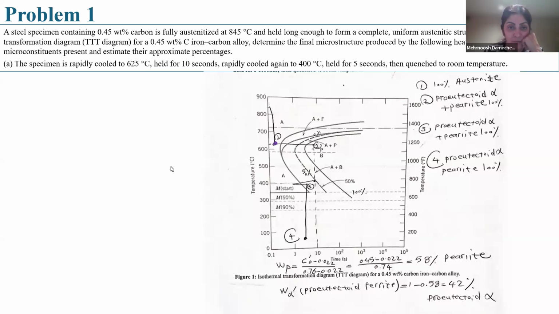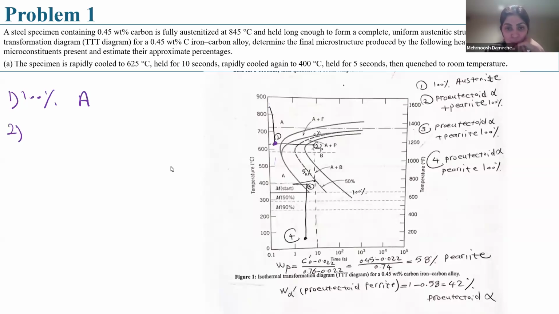From here, we reach this temperature. So at 1, we are 100% austenite. At 2, we keep that for 10 seconds. Look at here. The time here is approximately 0.2, so plus 10 should be a little more than 10. I show 10, and you see that we are here.